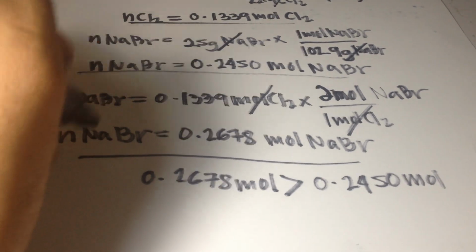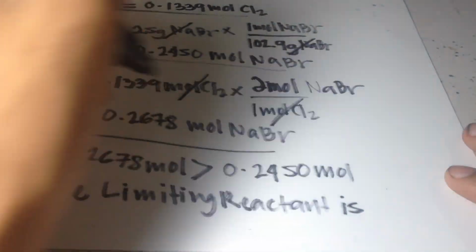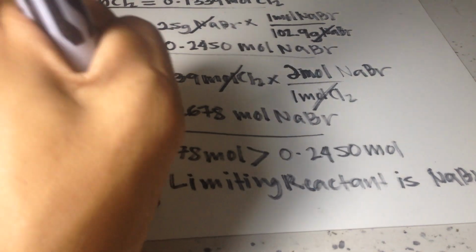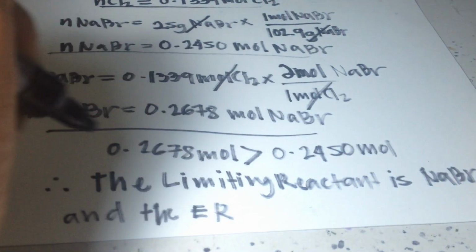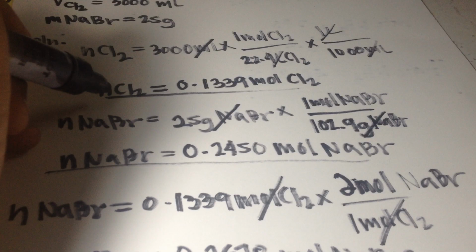So the limiting reactant is sodium bromide and the excess reactant is the chlorine gas.